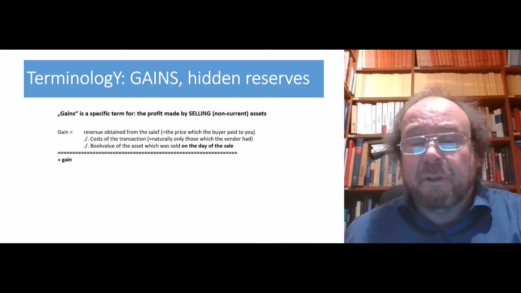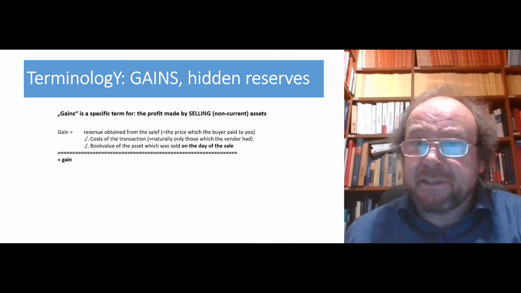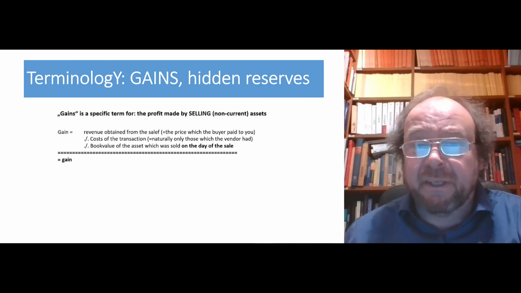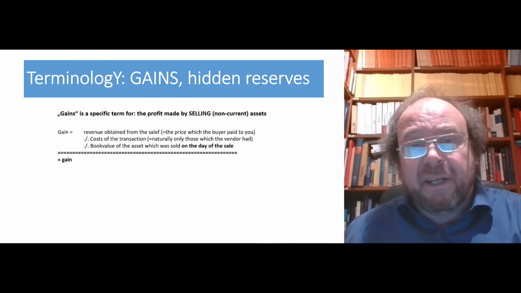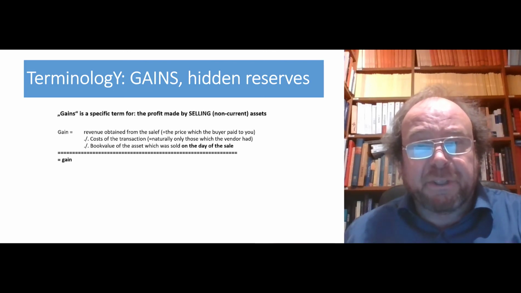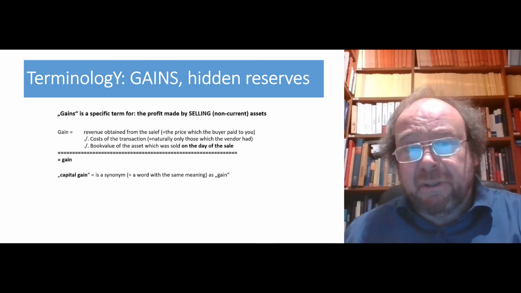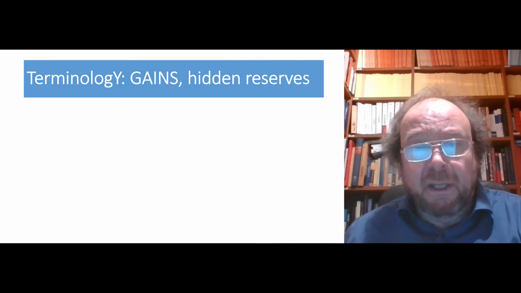So revenue obtained from the sale minus cost of transaction minus the remaining book value of the good which you sold, that is the gain. So the difference between the price which you get and the costs which you still have in the books for it. The word capital gain is a synonym for that. It has no basic different meaning from gain.